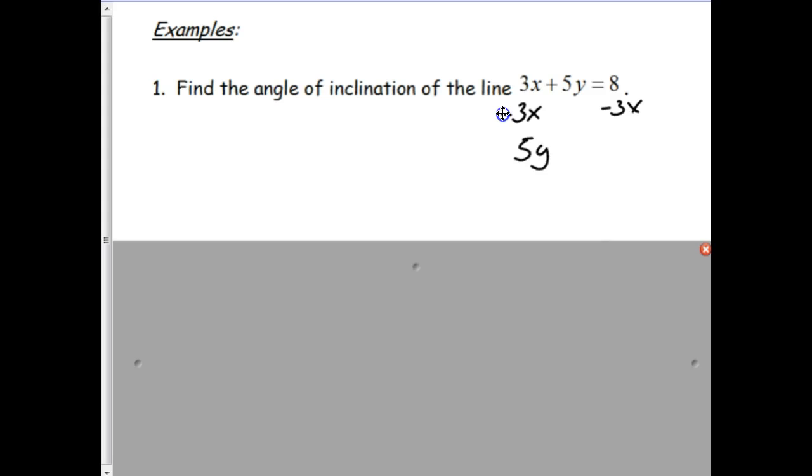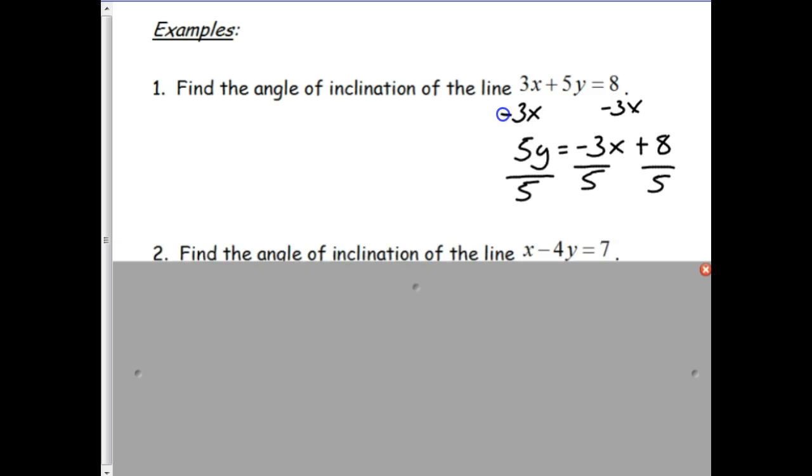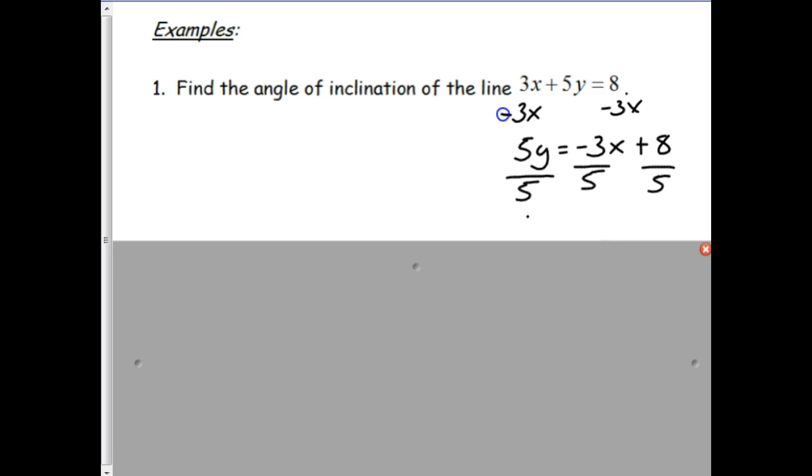So I have 5y equals negative 3x plus 8. Divide by 5, divide by 5, right? And you are given y equals negative 3 over 5x plus 8 over 5. This right here is your slope.